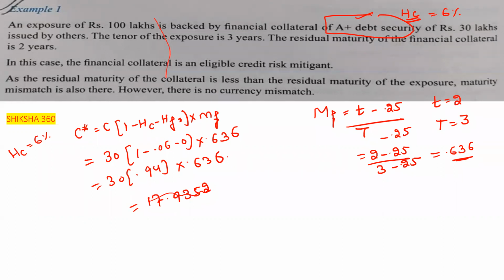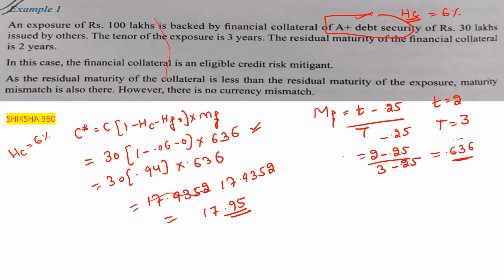So here we will take 17.9352. Okay, we will approximate it as per the book, that is 17.95. As they have calculated in the running way, not in the simple way like 0.636.